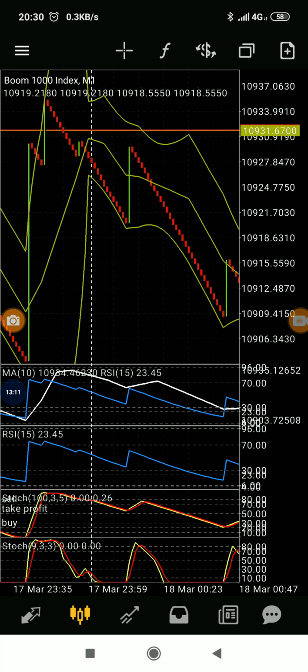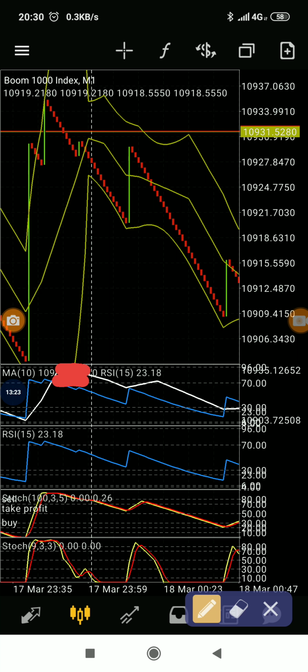The white is the moving average, and let the RSI also be coming down with it. Second, let the RSI 15 also cross this 70. Third, you must allow this stochastic 9-3-3 to be facing down here. I'll be showing you how to use it on the 5 minute, 3 minute and 1 minute time frames. Guys, it must be facing down.